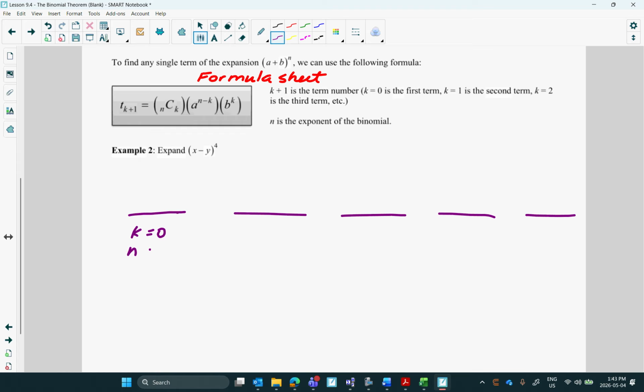And n is 4. For the second term, k is 1, n is still 4. For the third term, sorry, k is 2, n is still 4. For the fourth term, k is 3, n is 4. And for the fifth term, k is 4, n is 4.